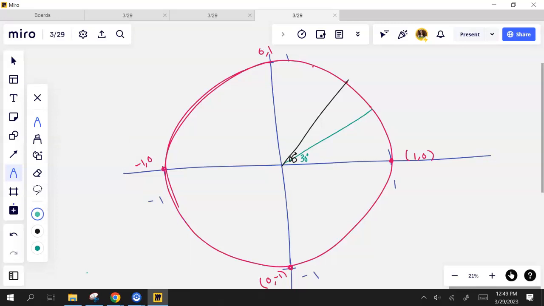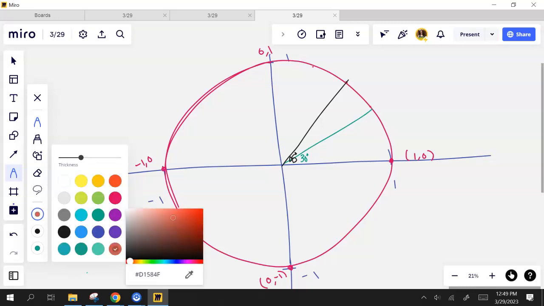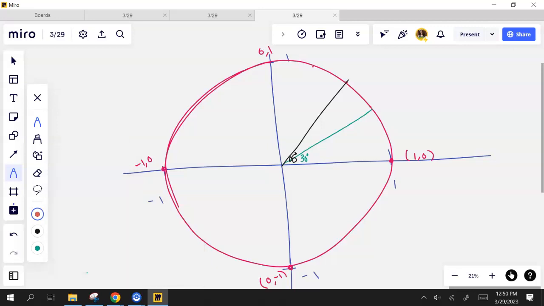That looks just like the other one. See, that looks just like the blue.